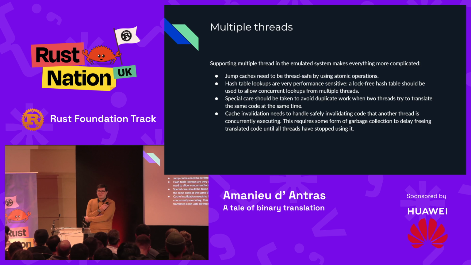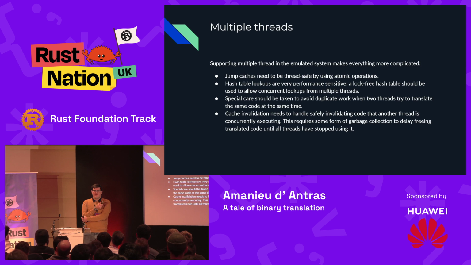We need to take special care of what happens if two threads translate the same code at the same time. Or, even worse, if one thread is translating code and then another thread modifies the code that's just been translated. All sorts of fun stuff happens. Cache invalidation is also tricky.